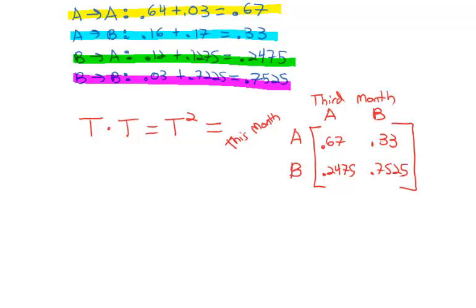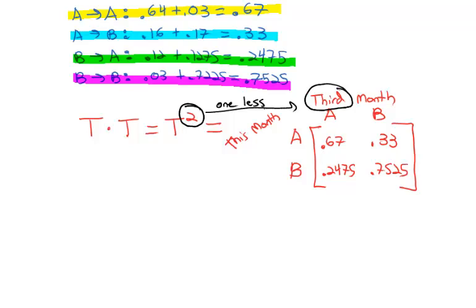The big thing that I want you to notice as we do this, as we get to more involved problems in just a second, is that the exponent is always 1 less than the final month. Because the original matrix, the first matrix, goes from 1 to 2. The second matrix goes from 1 to 3.